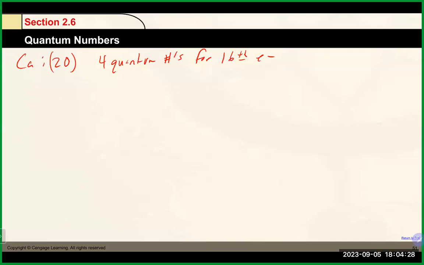All right, so you don't have to draw the orbital diagram. You can write the electron configuration, but then also figure out what are the 4 quantum numbers there for the 16th electron that goes in there.